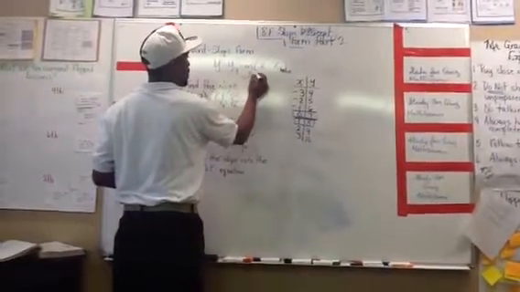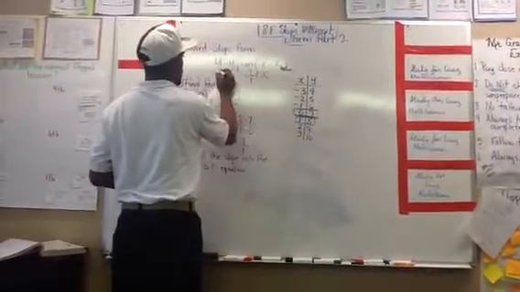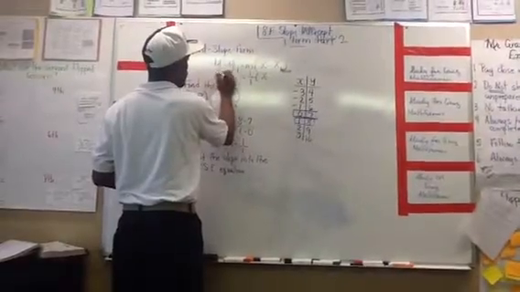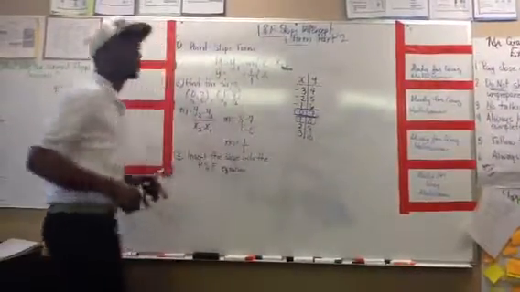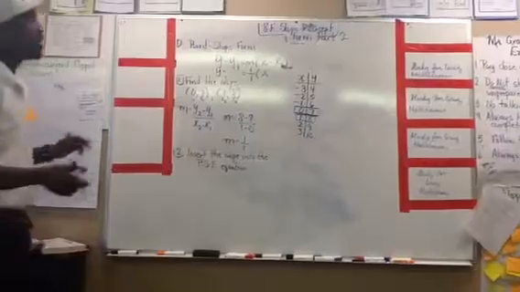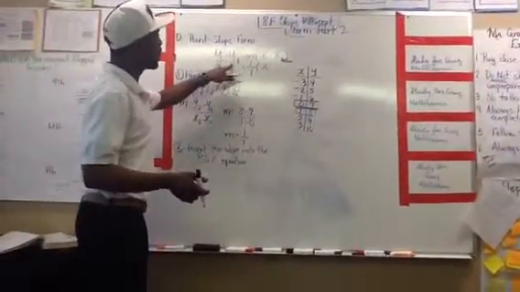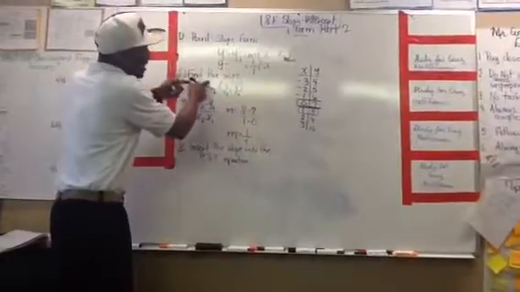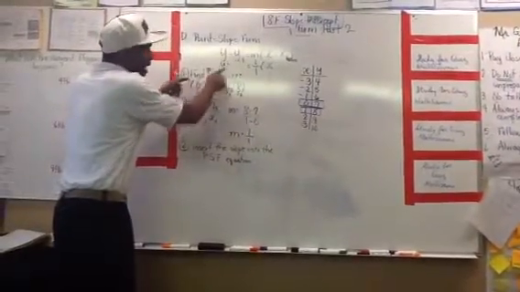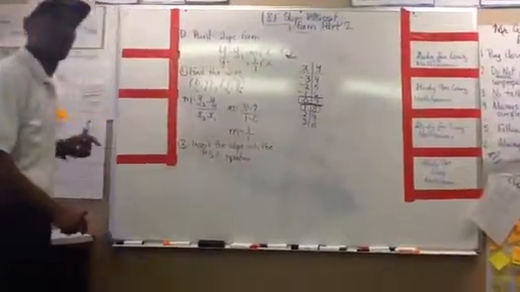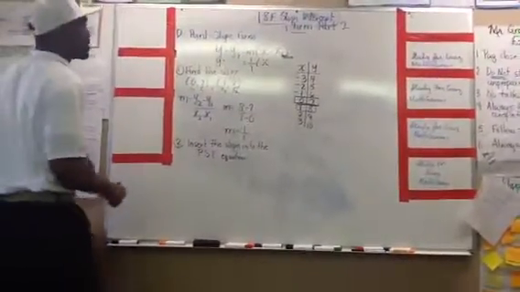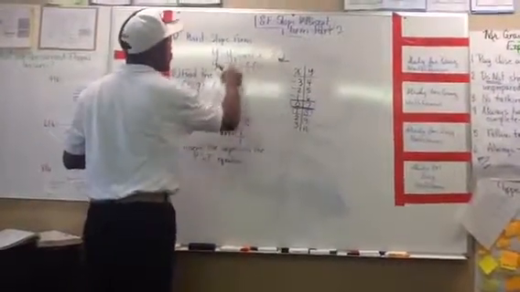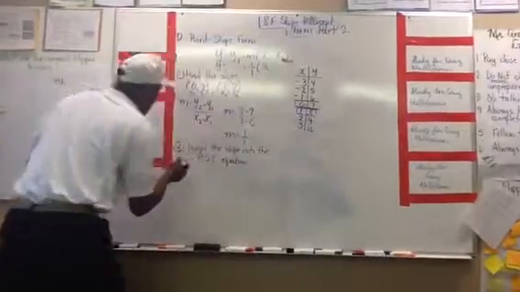That's my M. I know my X won't change, or my Y, because those come from my ordered pairs. Now I need to know what's Y1 and X1. Well, you've already identified that right here. Just plug these values in for those subscripts and do the math.